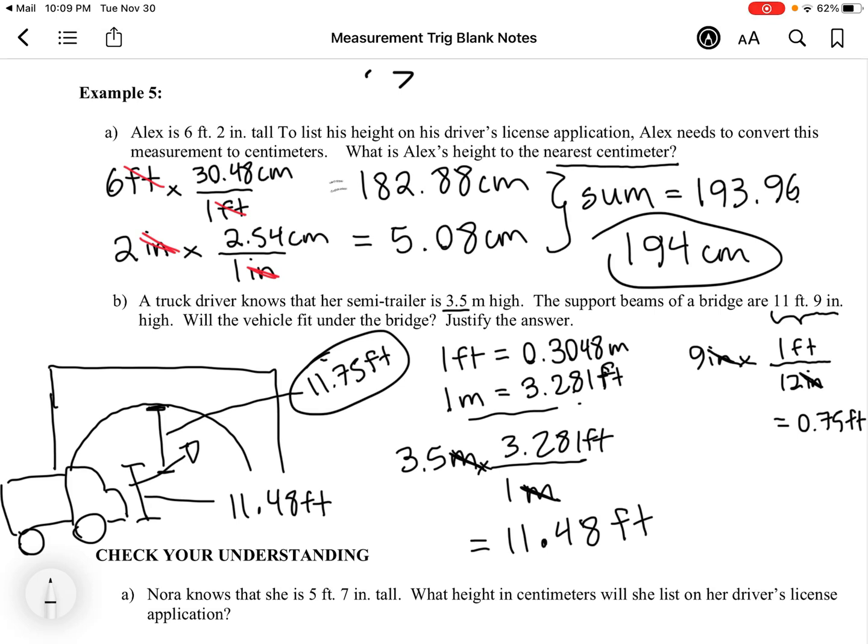So the truck should fit underneath, right? But it is pretty close. I would imagine that some truck drivers would want to give themselves more wiggle room than 1/4 of a foot. 1/4 of a foot is 3 inches, right?